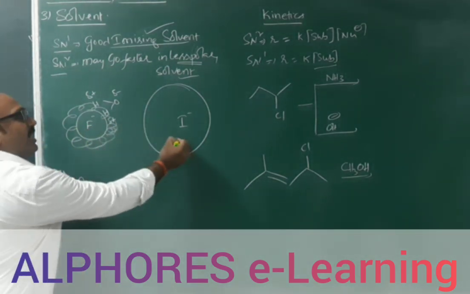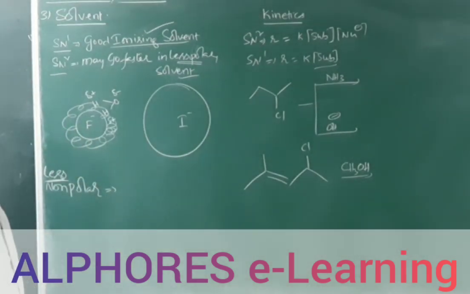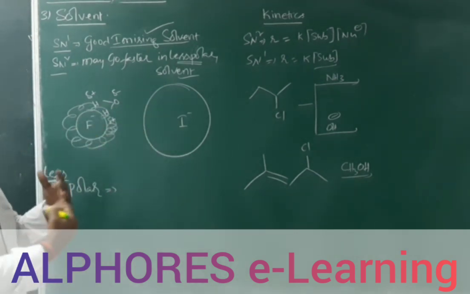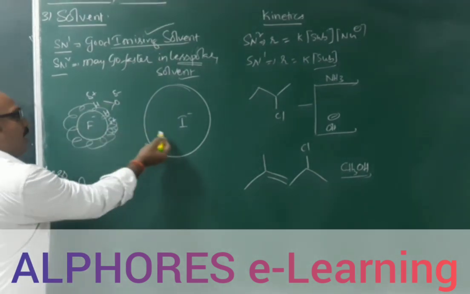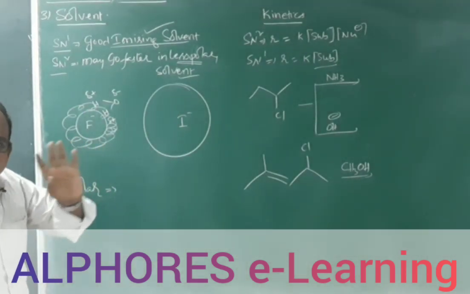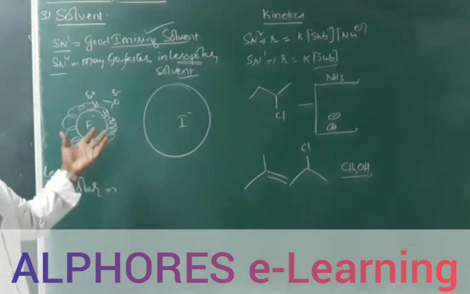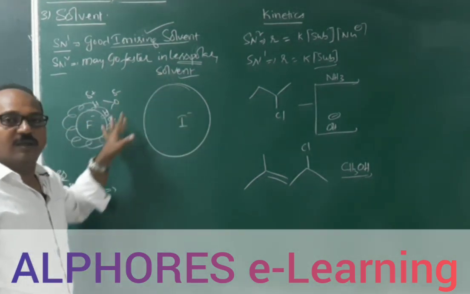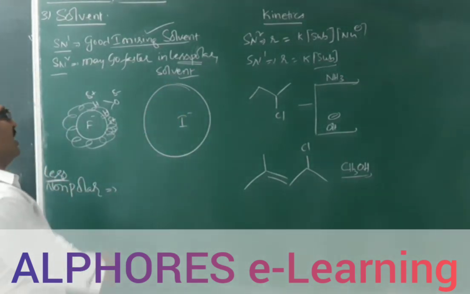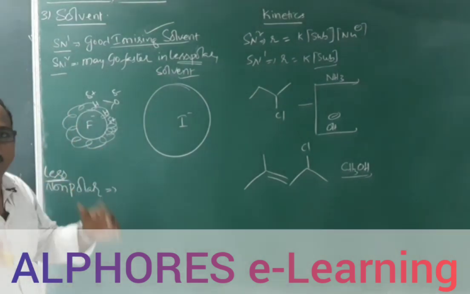Both these ions have only one unit negative charge, but in size, this one is small and this one is large. In the previous session we discussed two balls, one small and one large, both painted with 1 gram of paint. Then the paint density will be more for the small ball and less for the large ball, isn't it? Just like that, because of small size and 1 unit negative charge, its charge density will be more.